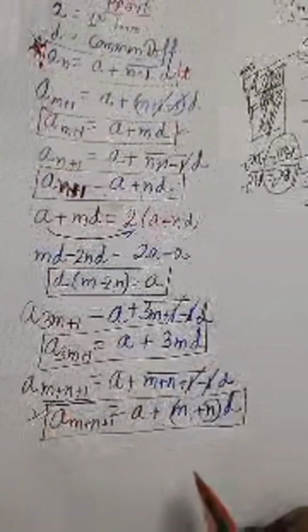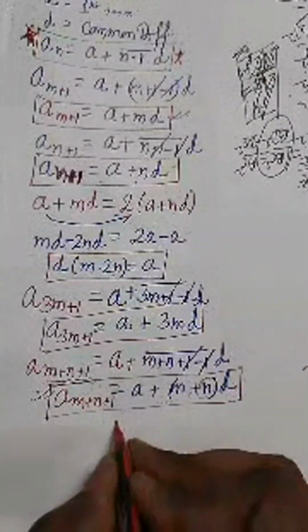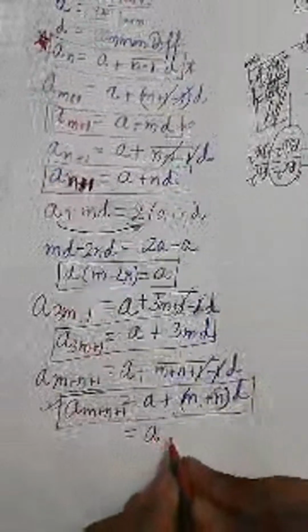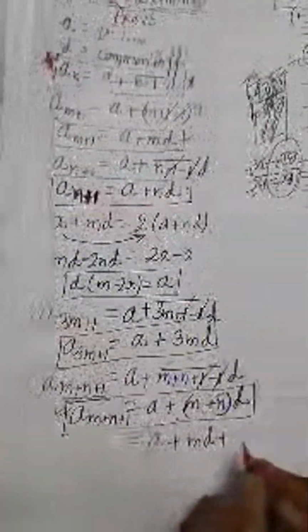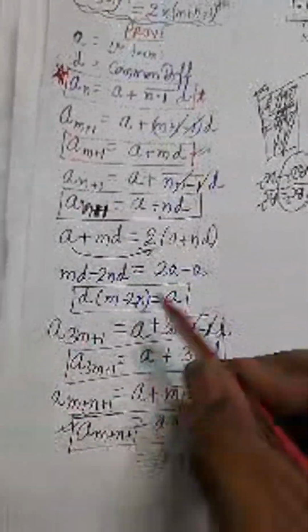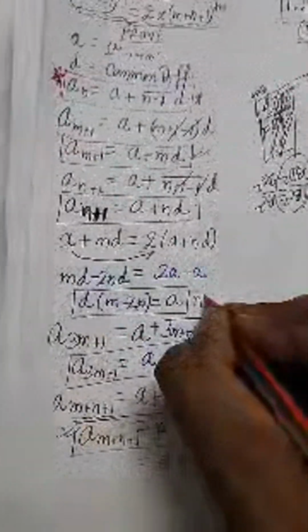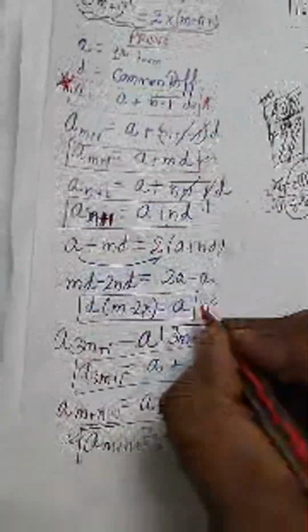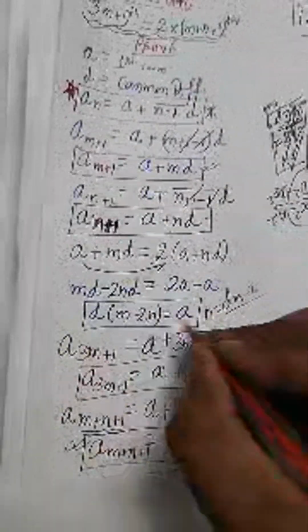Let us see. m plus n into d gives you a plus m into d plus n into d, and from here the value of n is calculated as dm minus 2, dm minus a by 2.